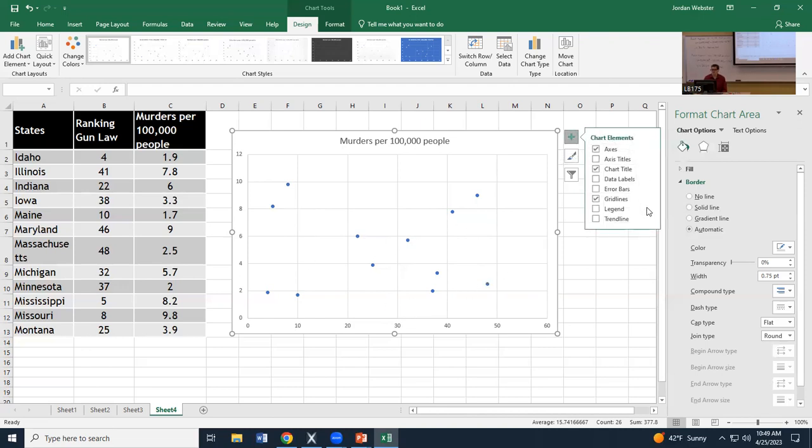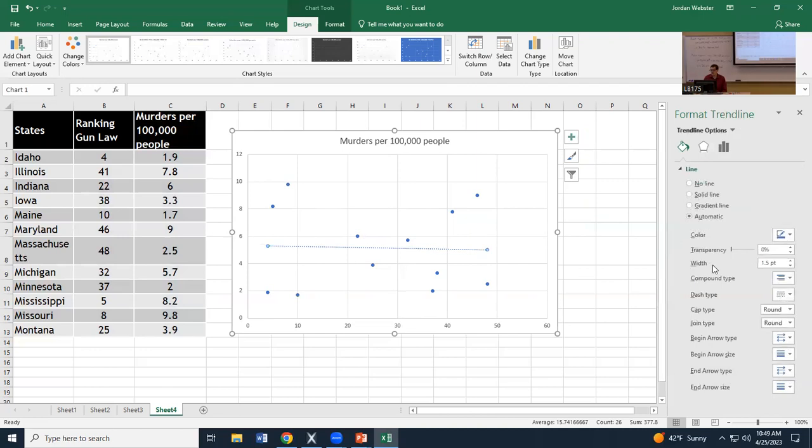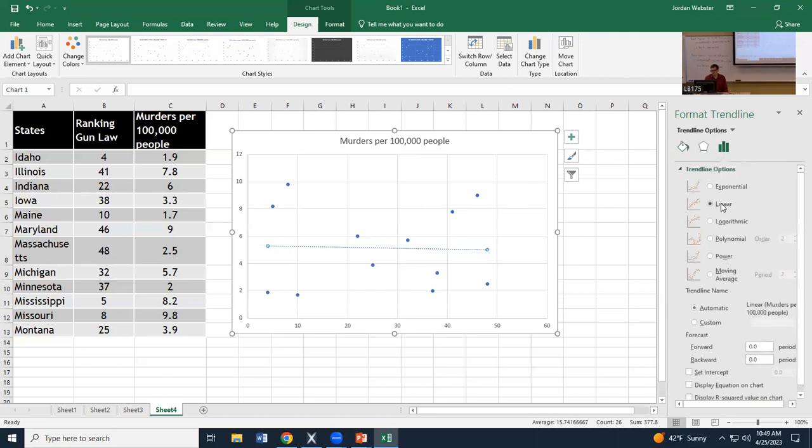Let's force it to give me a trend line. Now, I'm going to force the trend line to be linear. All right? Is that okay? If you wanted your trend line to be quadratic, you could do polynomial of order 2. If you wanted it to be exponential, you could do exponential.